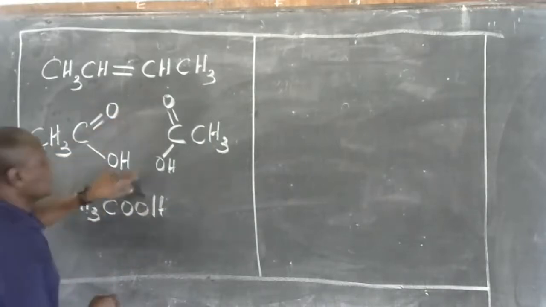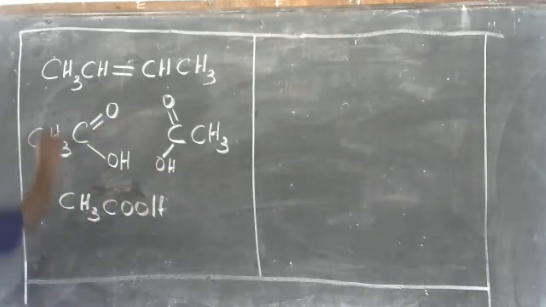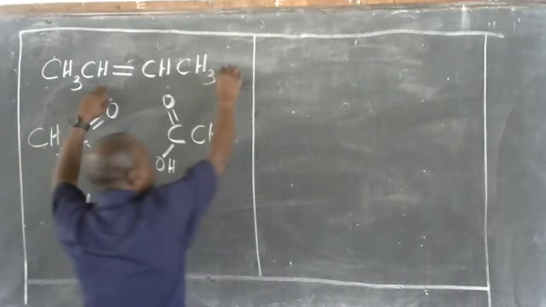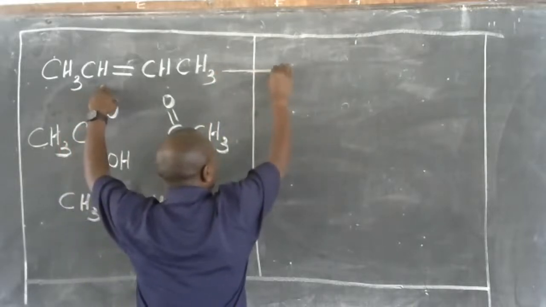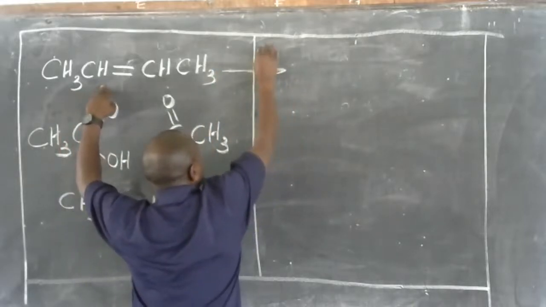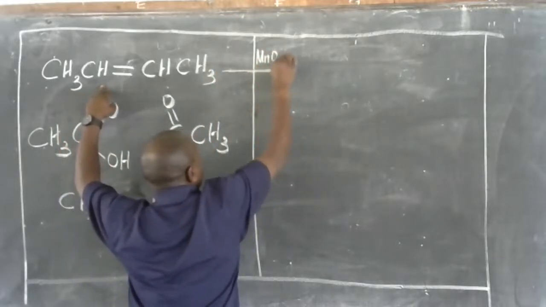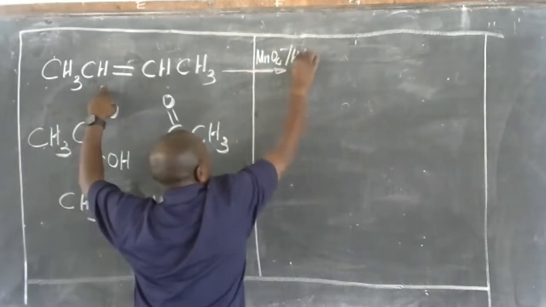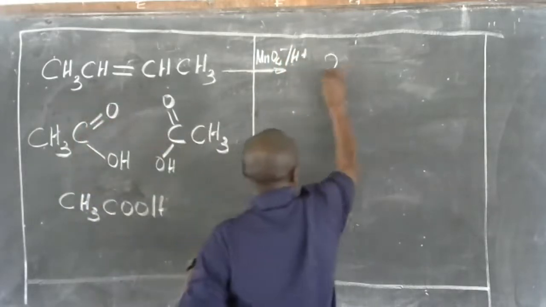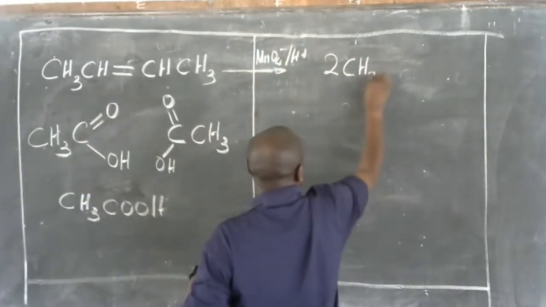Since there are two molecules, oxidation of this one using acidified potassium permanganate, H plus, gives us two molecules of ethanoic acid.